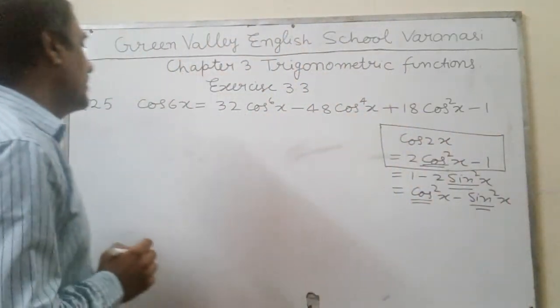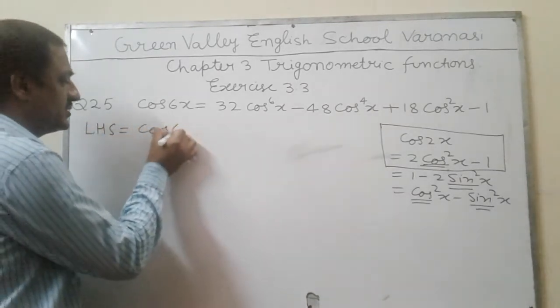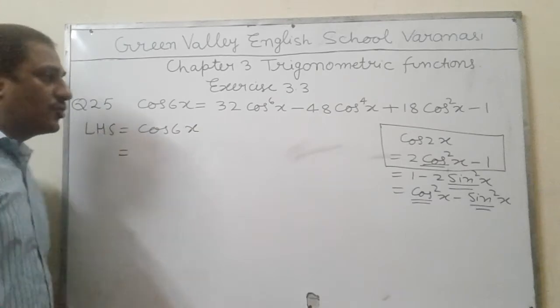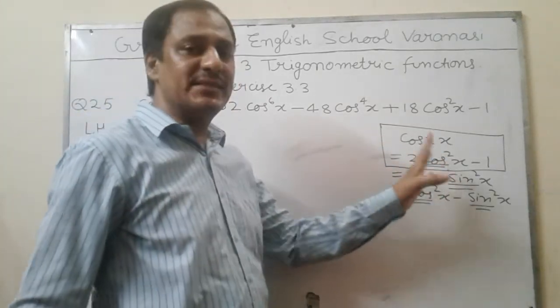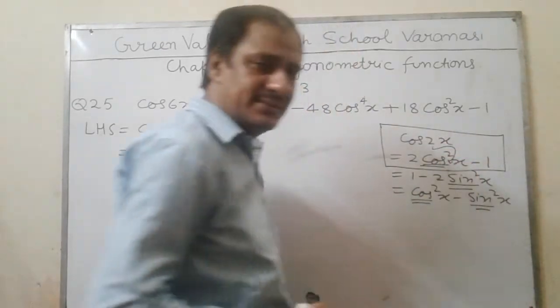Now LHS is equal to cos 6x. Here cos 2x is equal to 2 cos square x minus 1. So here 2x is reduced to x.